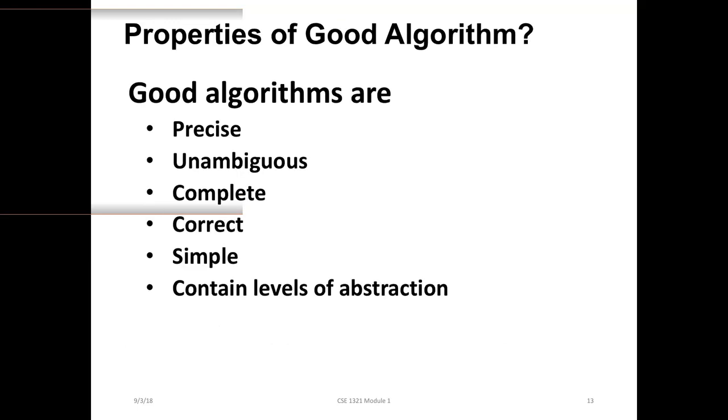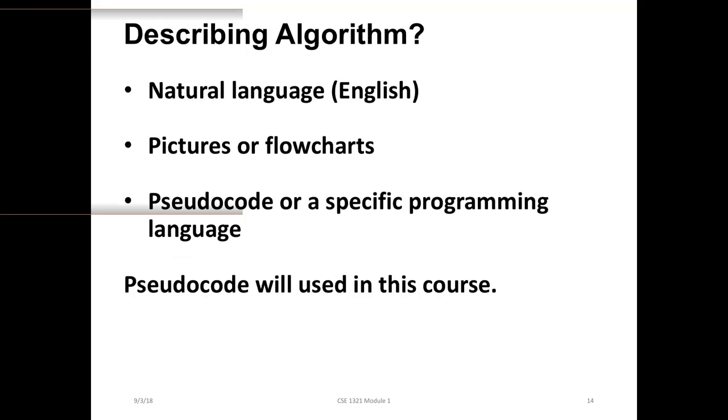Okay, we're almost at the end. So how do we describe an algorithm? We can describe an algorithm in natural language, definitely in English. We can describe an algorithm with a picture or flowcharts. A picture won't work as much because it doesn't have any words that describe it.